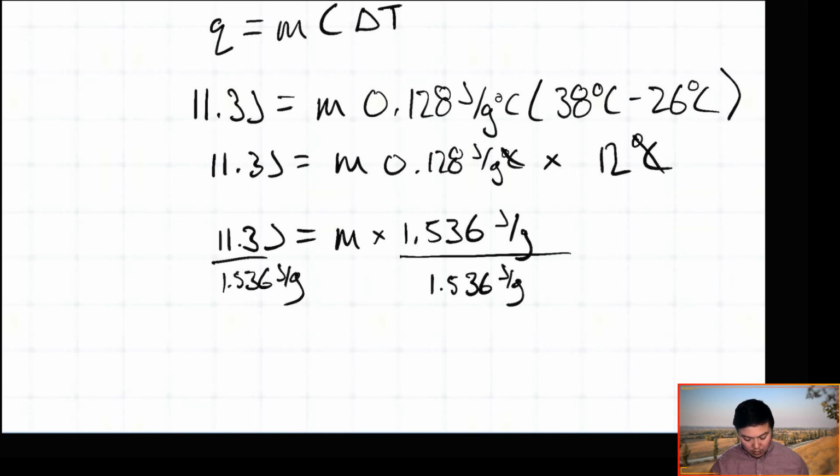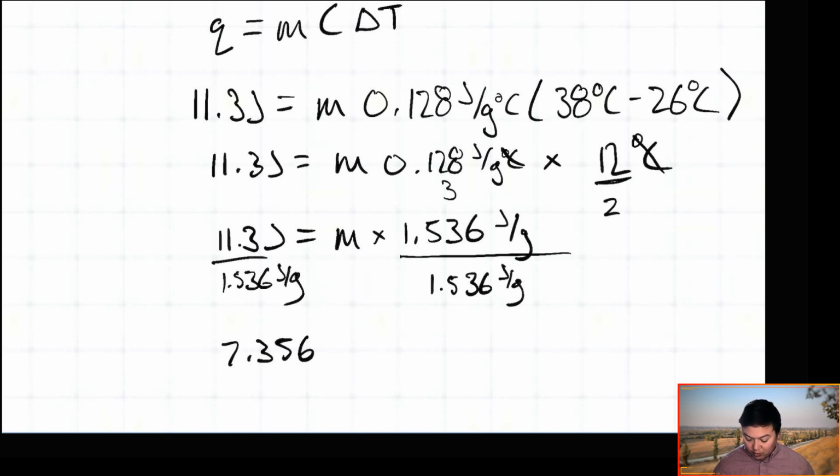So 11.3, and I'm going to do it here just as divided. That was just sort of an example of another way you could do it and think about it, so you're really thinking about it in terms of units. But to just do the math here, we're going to get 7.356. We're only working with two significant figures.